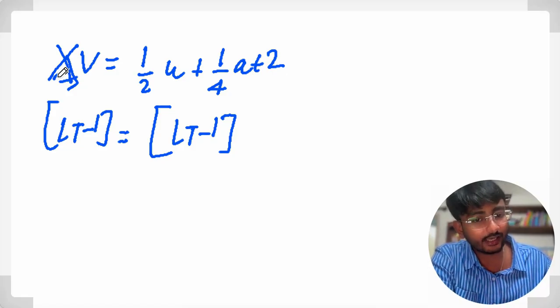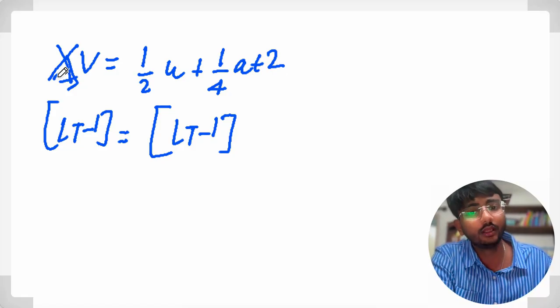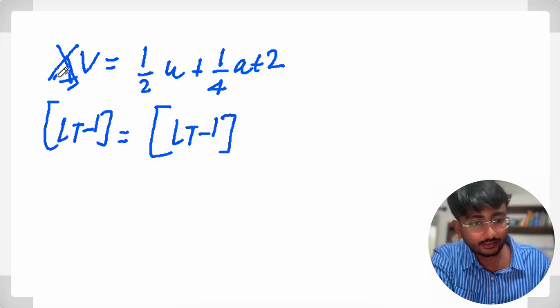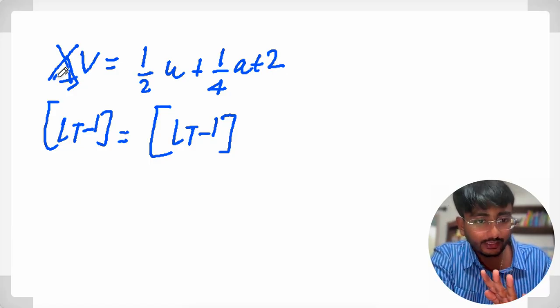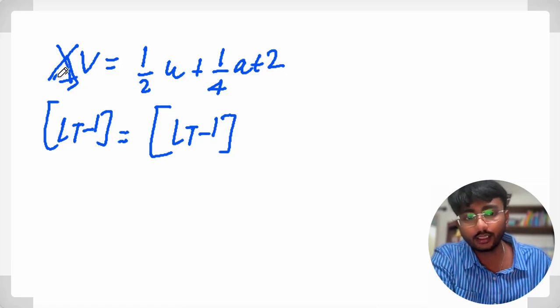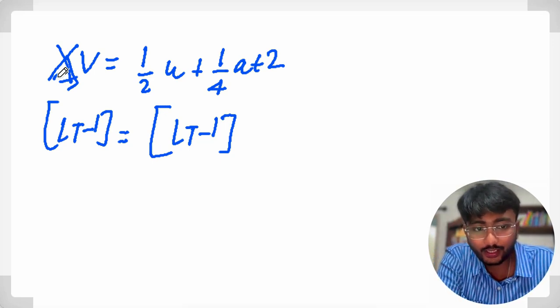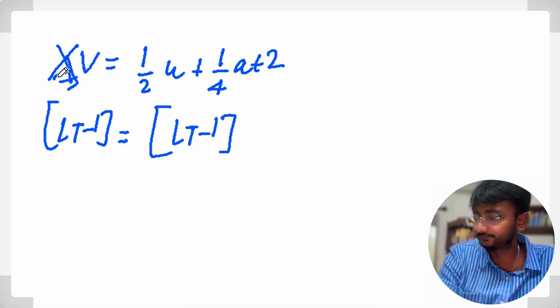When the dimensions are not equal, we will 100% say that this is an incorrect equation. But when the dimension is the same on the left hand side and the right hand side, then we can say that the equation can be correct, right? So this is the way to find the correctness of an equation.